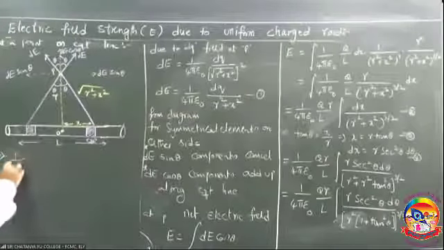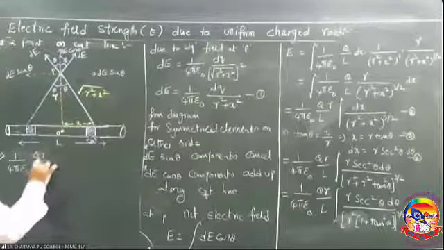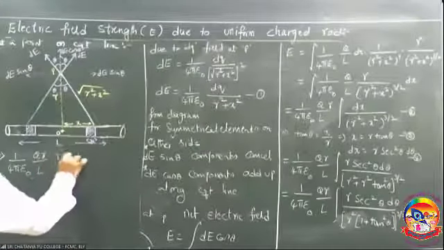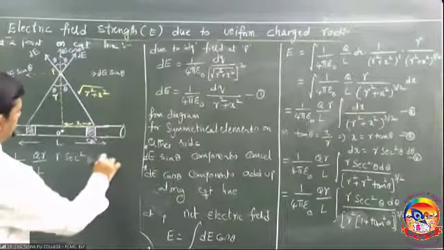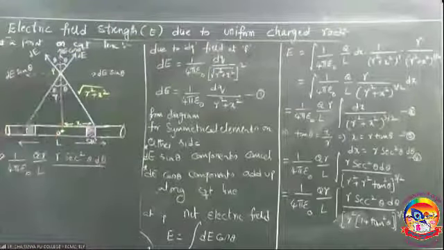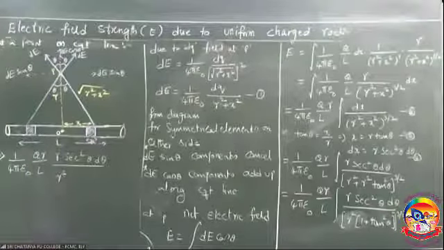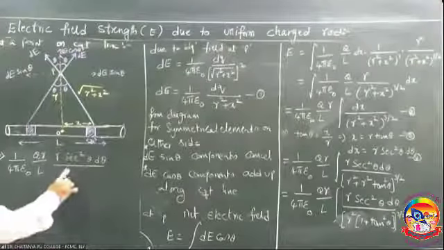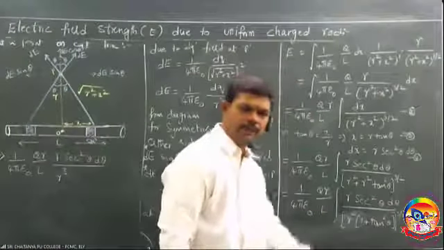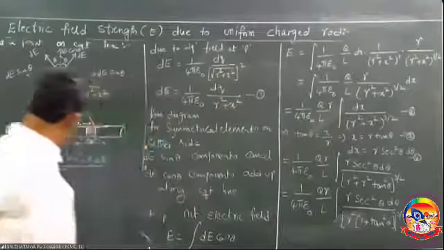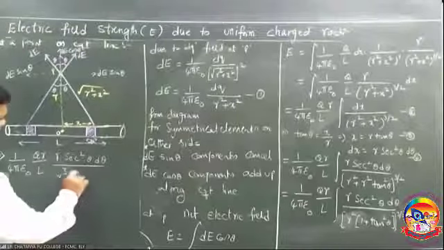Next, 1 by 4 pi epsilon naught Q r by L, integral secant square theta d theta by r square whole power 3 by 2, which gives r cube. R square whole power 3 by 2, the 2 gets cancelled, you get r cube. We know 1 plus tan square theta is equal to secant square theta.